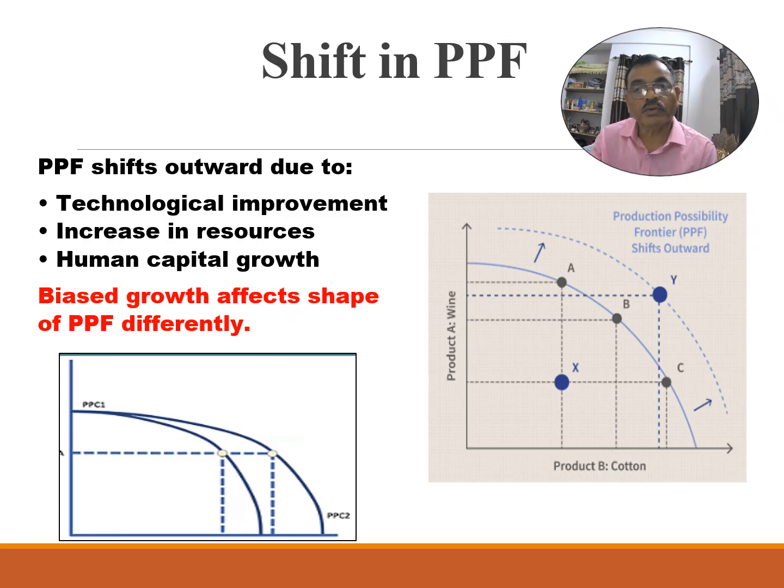If technological improvement occurs only in the production of good X, then the production possibility frontier will shift more towards the X-axis. This is called biased growth.